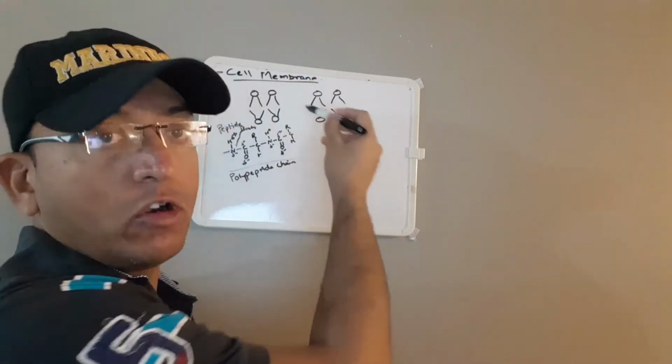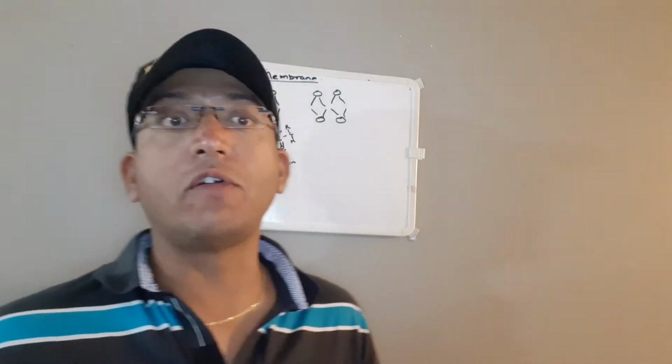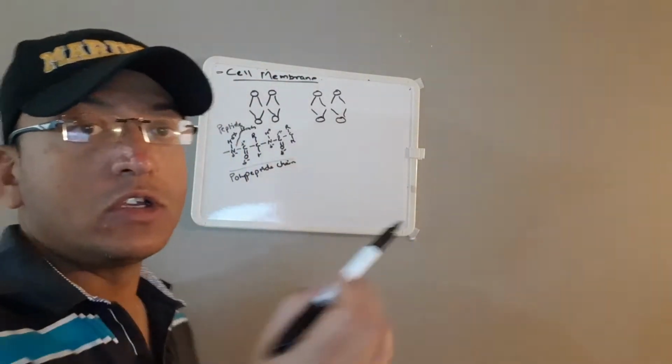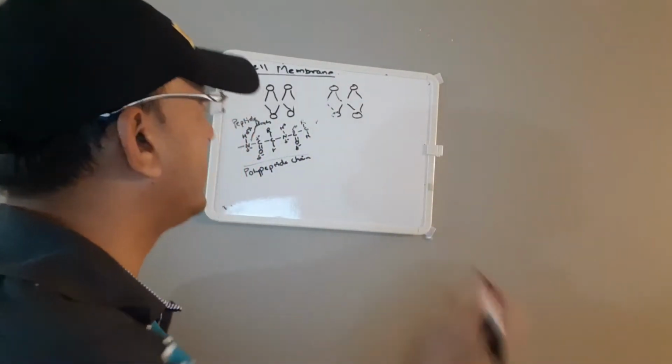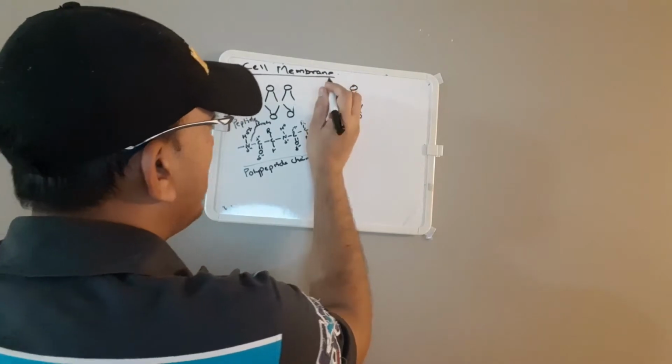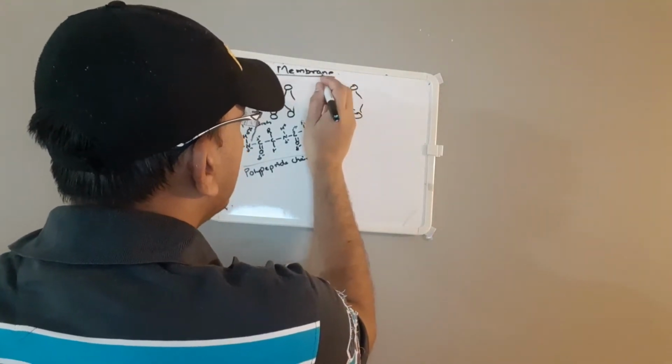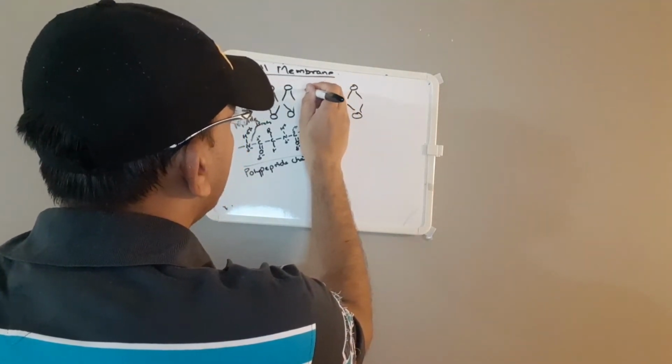The atoms forming the backbone of the transmembrane protein are driven to form hydrogen bonds with one another. So this polypeptide chain will form a helix structure in between this lipid bilayer. We'll draw it here.